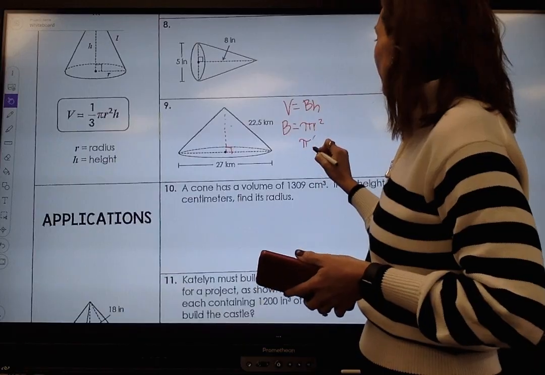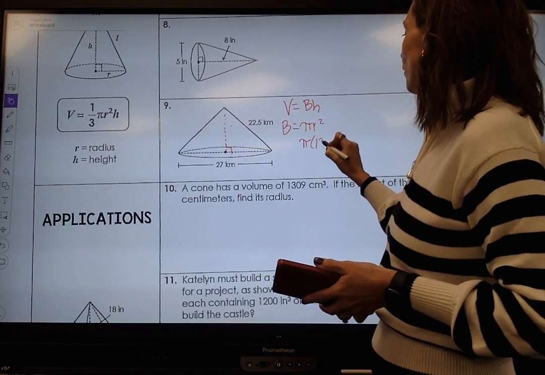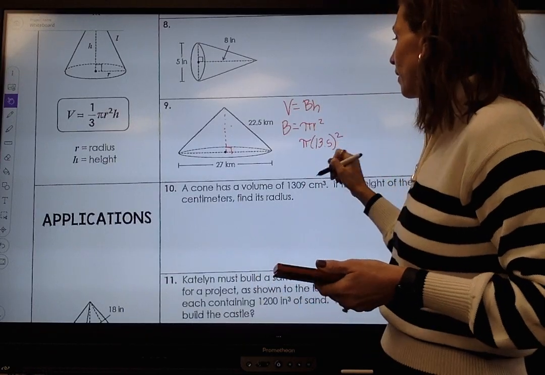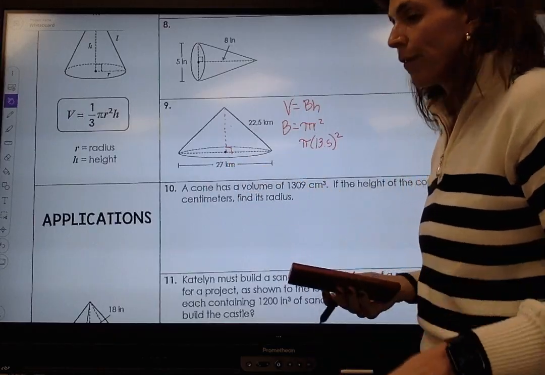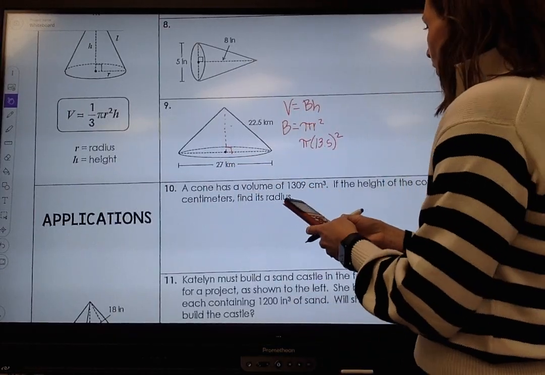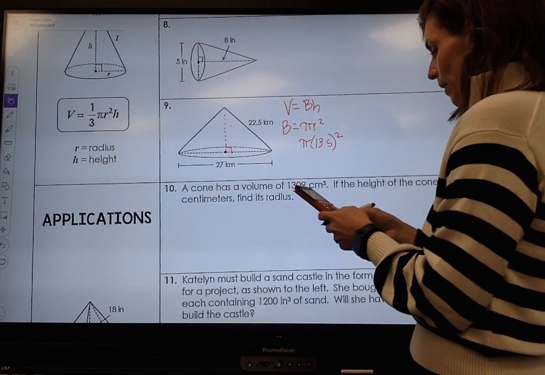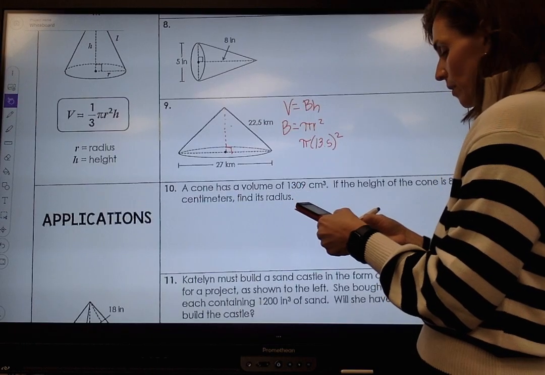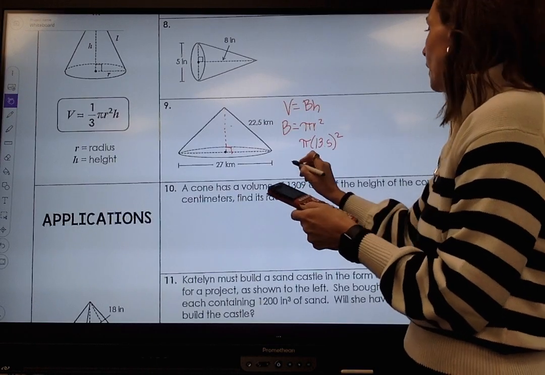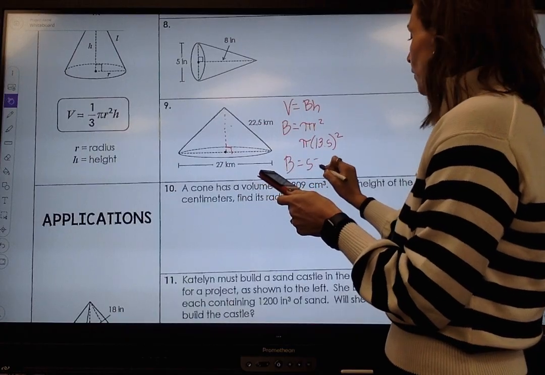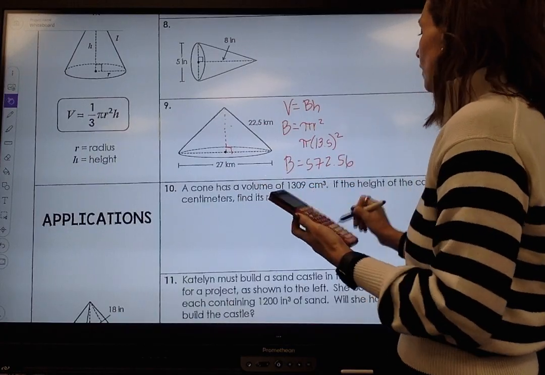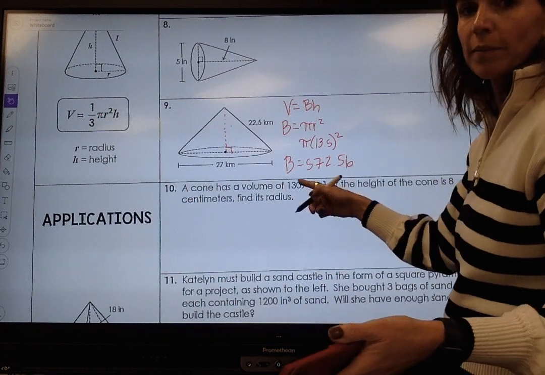So my radius is going to be 13.5 kilometers. So I'm going to do 13.5 squared times pi, and I get big B is 572.56 kilometers squared. That's my big B.